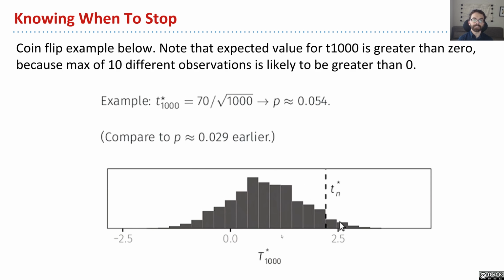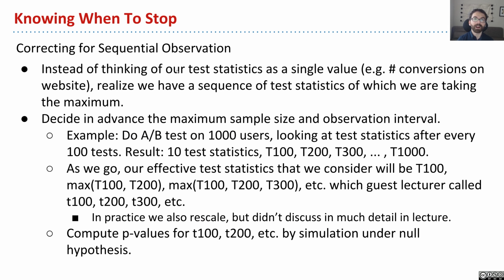And that basically is just saying, if you play the coin flip game over and over, and you keep measuring over and over the difference, computing the max of all of those observations, that will be centered above 0. And so, in effect, if you want to know whether or not the coin game is fair, if you're taking a bunch of maxes, you need to take into account that those maxes will be centered above 0 and not at 0. So that's the short version of this more complicated slide.